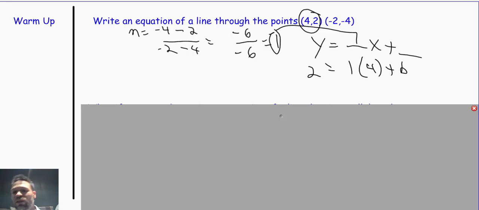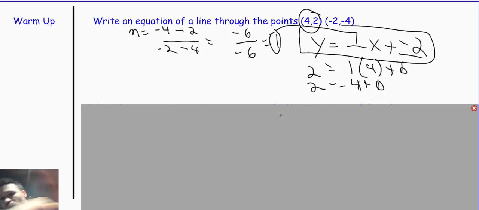And we solve for this b value, right? And we would say that, well, 4 times 1 is 4. And so we get 2 is equal to 4 plus b. And we would subtract 4 from both sides, and we would get -2. Okay? We would get -2. So that would be the equation. y is equal to 1x minus 2.